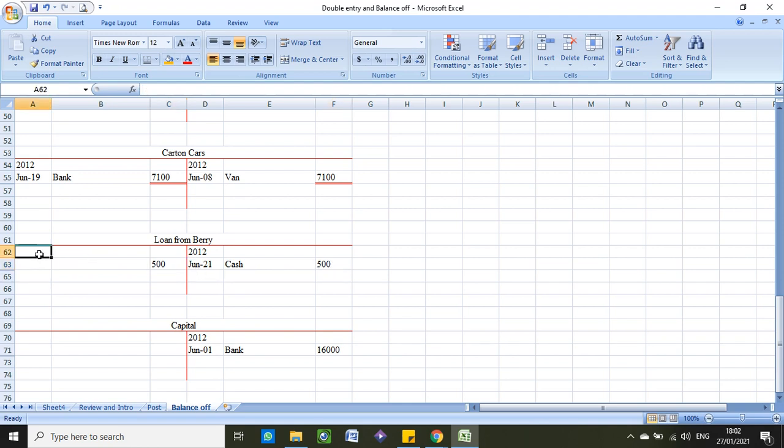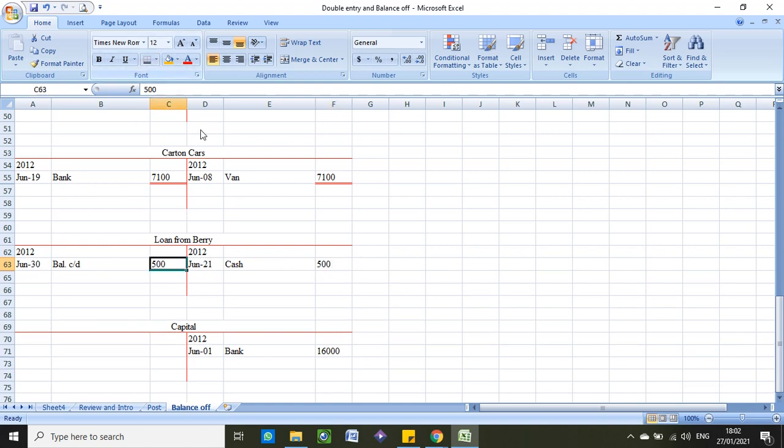But I need to give that a date. June, last day of June. Description, balance carried down, $500. The two totals are on the same level already, so I'll just go ahead and double line.